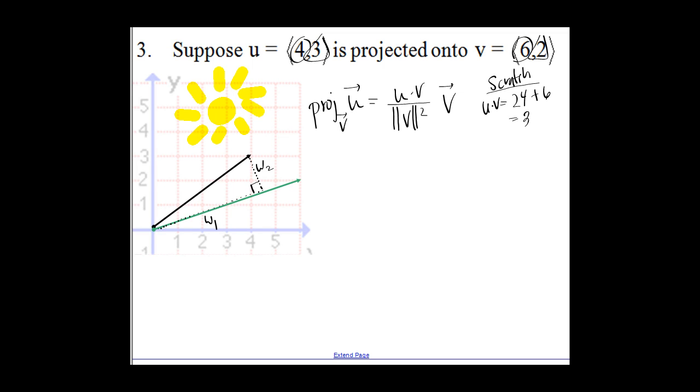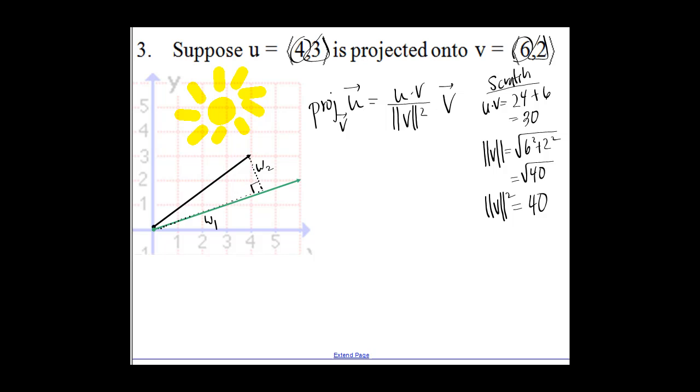So u dot v comes out to 30. The magnitude of v is equal to, let's see, 6 squared plus 2 squared. So I see the magnitude of v comes out to the square root of 40. So if I need the magnitude squared, it must come out to 40.